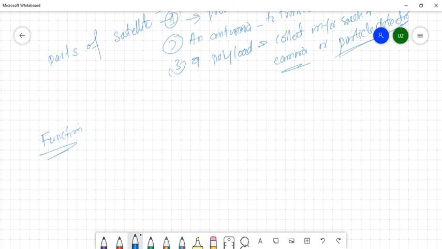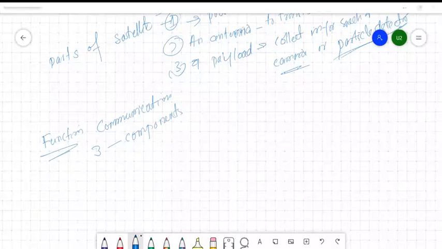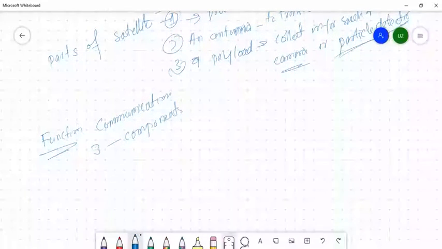So for the communication to work properly on a proper altitude, it has three main components.